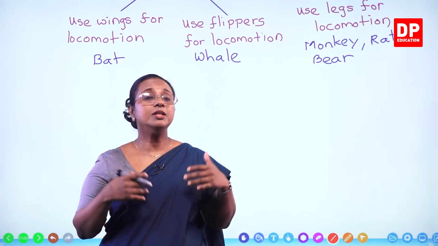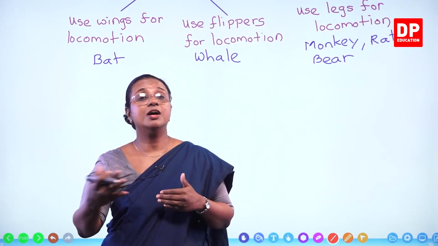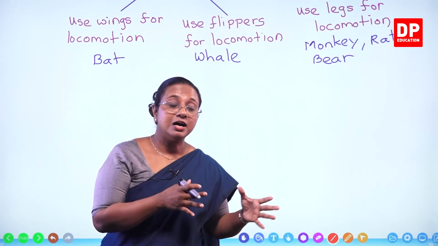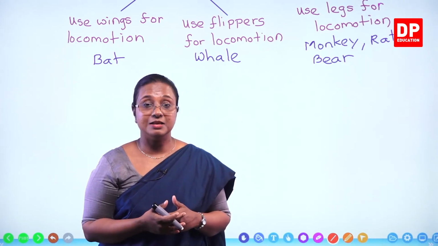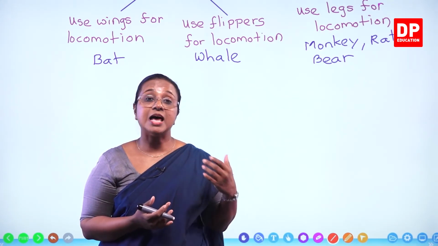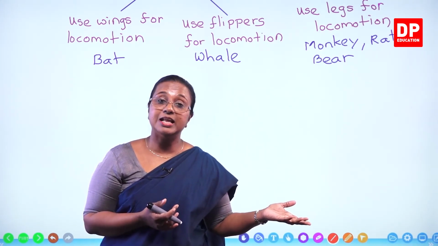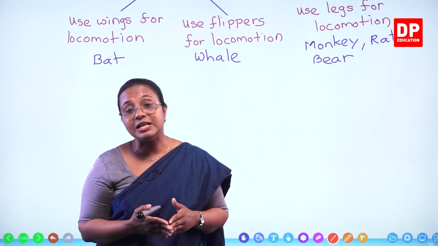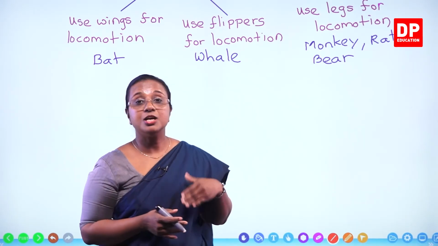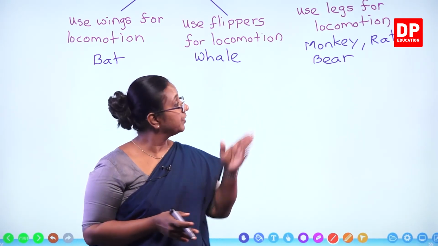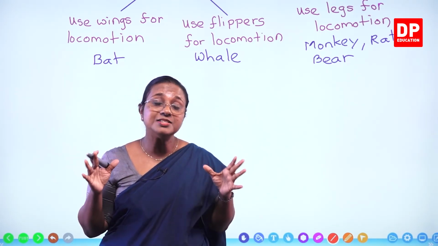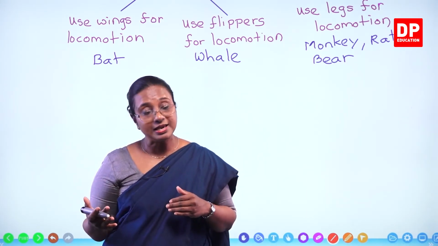Then, how about the time that they are active in their lifestyle, whether they are day animals or night animals, diurnal animals or nocturnal animals. When we say diurnal animals, they are active during the daytime. Nocturnal animals are usually active during the night time. So here, monkey and bear, they are usually active during daytime, whereas rats are active during the night time more. That's the normal trend, but there can be exceptions.